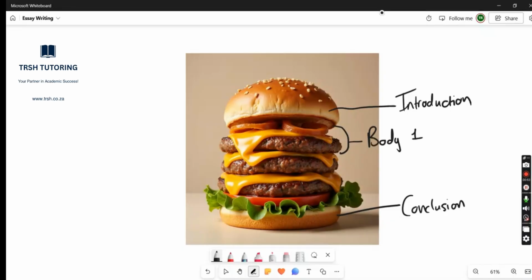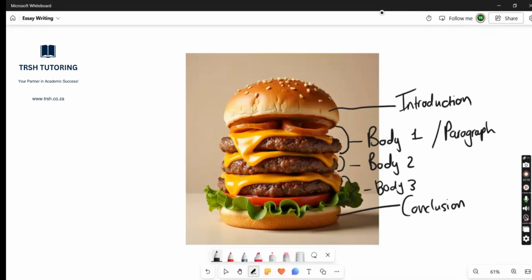So we can just say body 1, and then we have the next filling over there, we can make it body 2, and then this section there would be body 3, okay? So this could be body, or you can refer to it as a paragraph, whichever one you prefer, okay? But that is the whole concept, okay? An introduction, your three bodies, and then your conclusion.